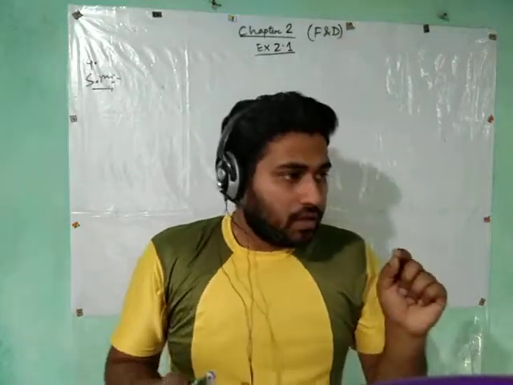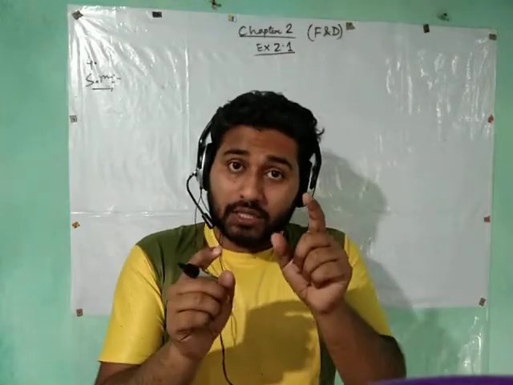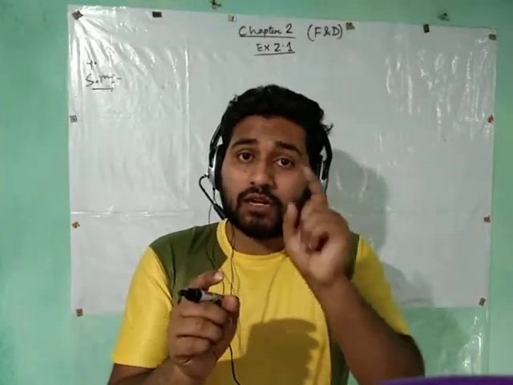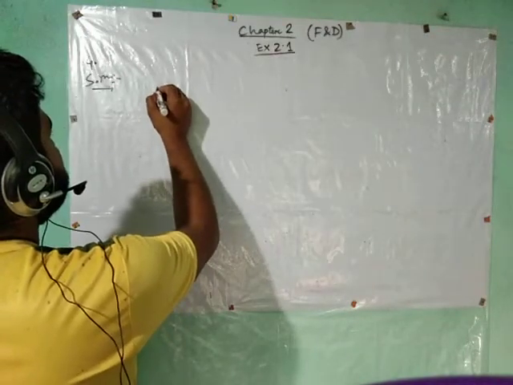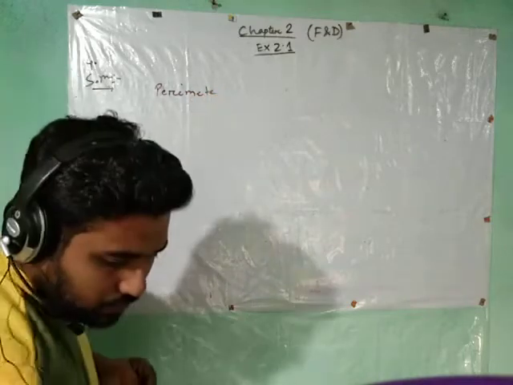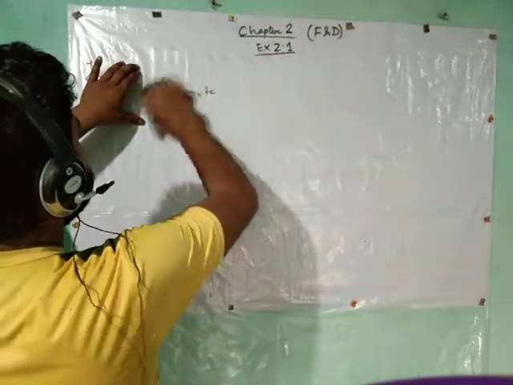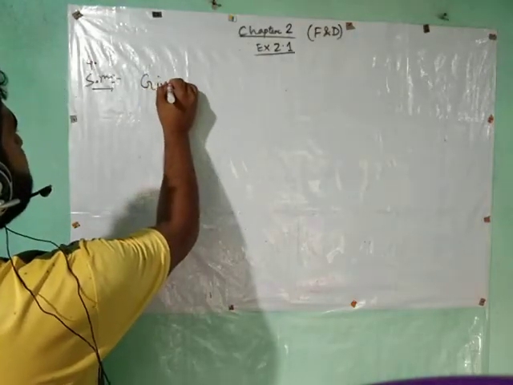So the perimeter of a rectangle can be found by using this particular formula. Perimeter. But before doing this, first we will start with our given things. What is given? First of all, you write it down there.